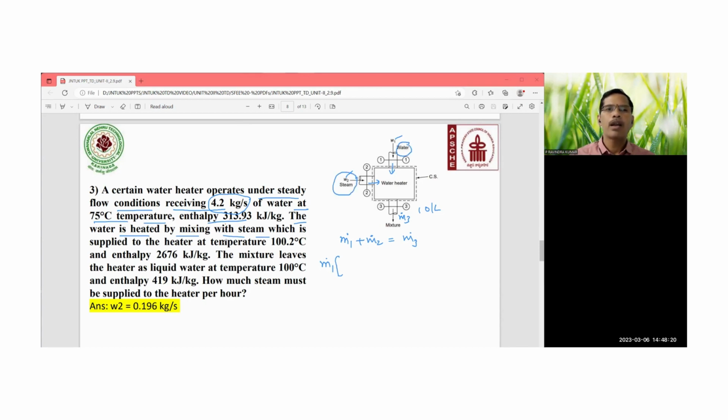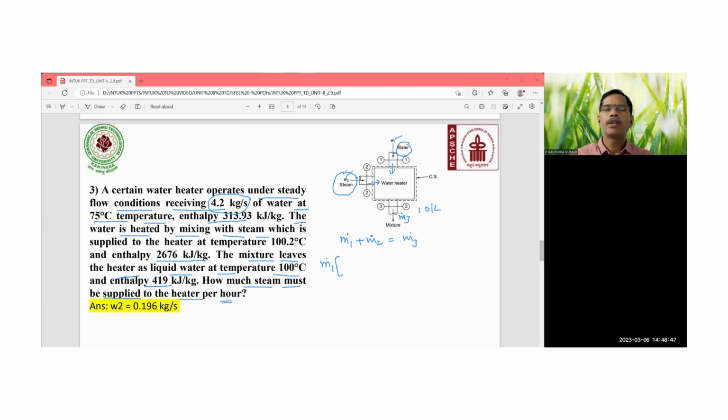Water and steam are mixing and supplied to the heater at a temperature of 100.2 degrees centigrade, and enthalpy is 2676 kilojoule per kg. The mixture leaves the heater as liquid water at 100 degrees centigrade, and enthalpy is 419 kilojoule per kg. How much steam must be supplied to the heater per hour?